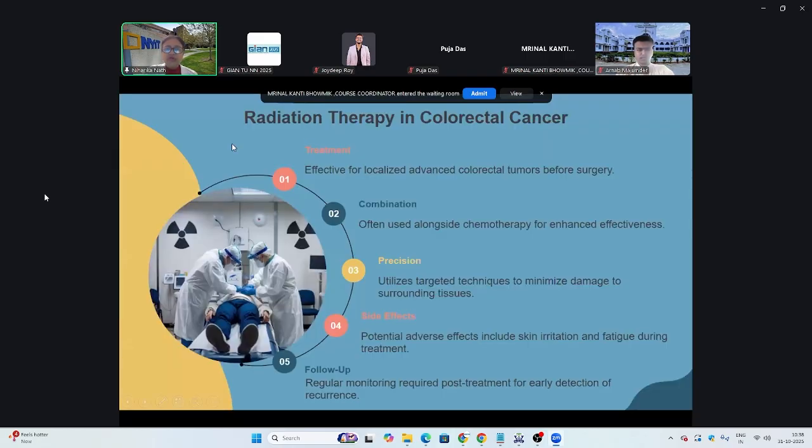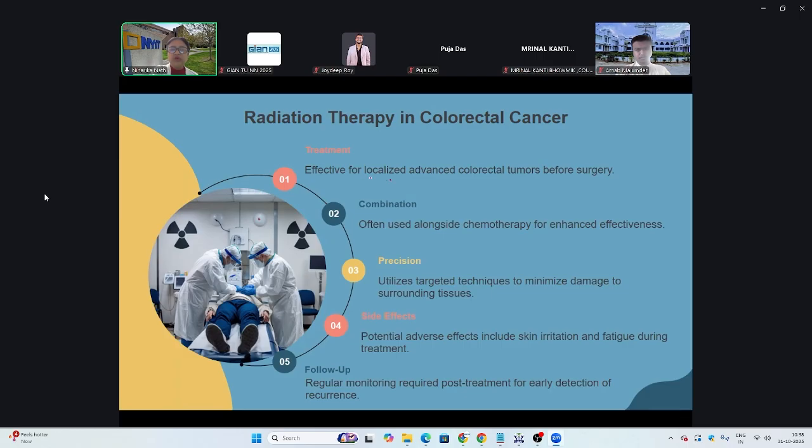So radiation therapy can be required for locally advanced colorectal tumors.